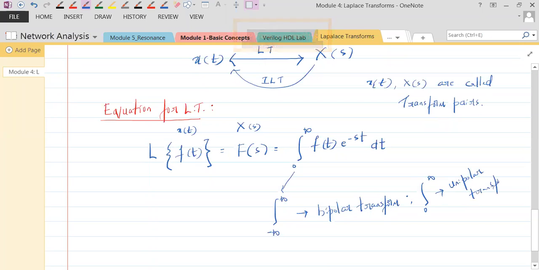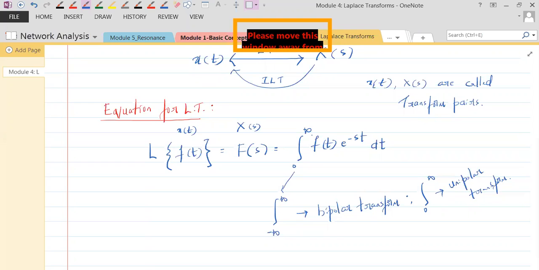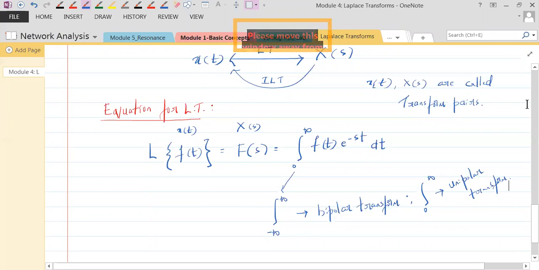What is bipolar? Bipolar means both minus infinity to 0 and 0 to infinity. Negative time is also considered, the positive time is also considered, but here only positive time is considered. That's why it is a unipolar transform. What we have considered here is for circuit applications. Everybody understand that?